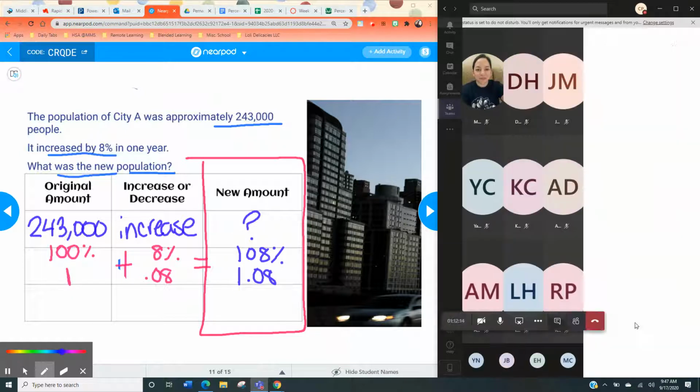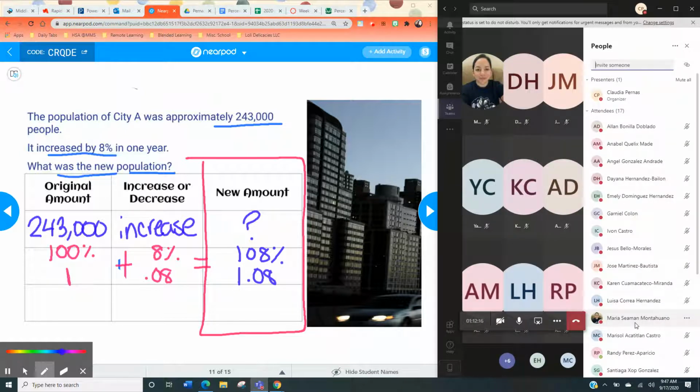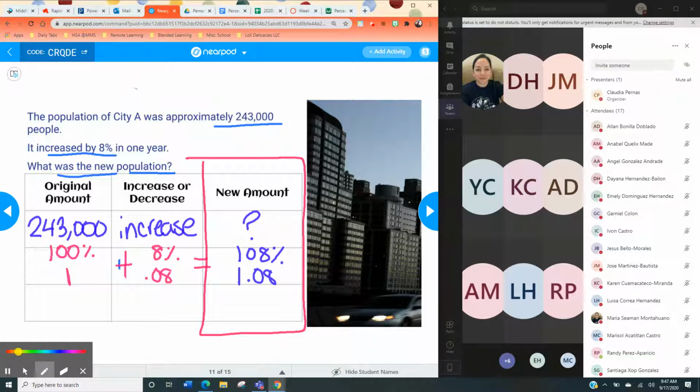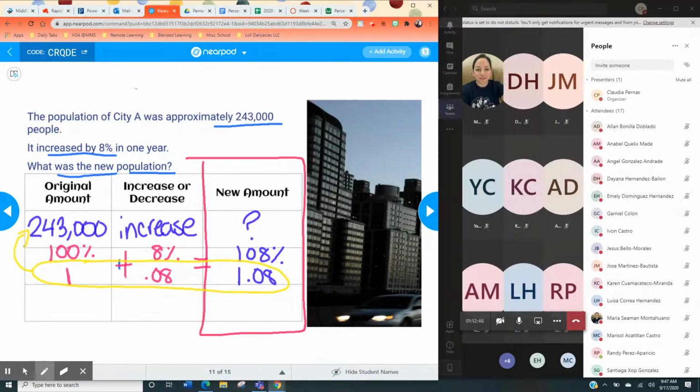Let's see. Who do I want to pick? So for that first one, I'm going to change it a little bit from yesterday. Yesterday, I told you guys you could draw a line in it, but I want us to get used to seeing what the numbers are. So I know that I want to use my decimals times my original amount to find my answer for the bottom row.